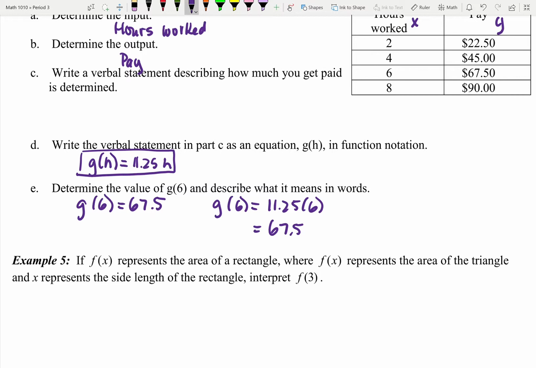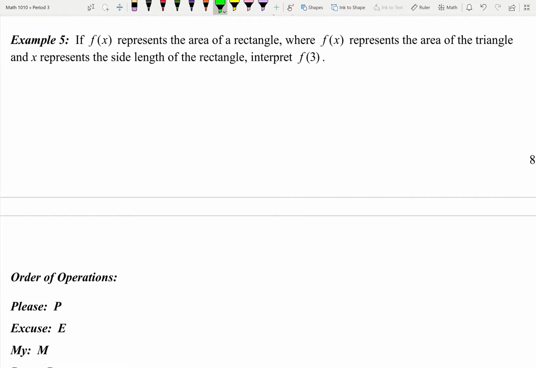Did anybody not do that? What did you do? She looked at the table. She said 6 hours is 67.5. So guess what? You both got it right. You did it different. It doesn't matter. What does it mean? It means that if you work 6 hours, you make $67.50. Okay? Awesome.